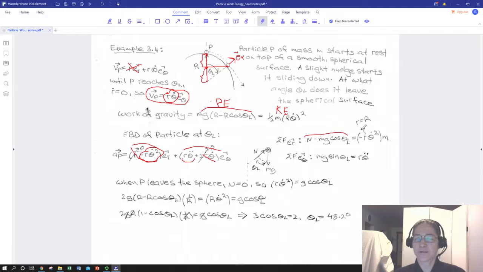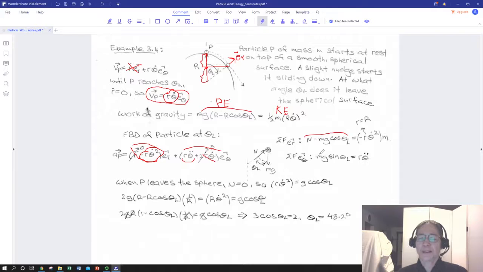So there it is, negative r, where little r is big R, in this case the big R of the sphere that the little particle is rolling down, and our angular velocity squared times the mass. So now we can look ahead and see that at the point at which this little particle flies off the sphere's surface, N will be 0, and we will have an expression that relates theta L to angular velocity, and that might be useful to us later.